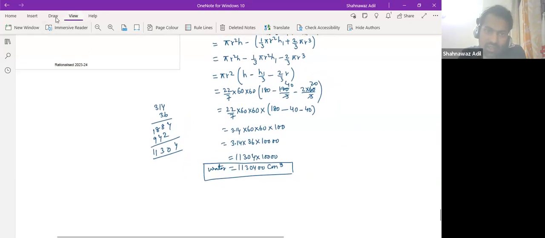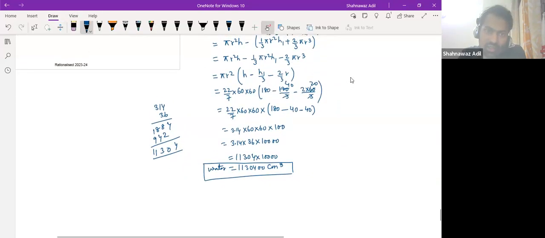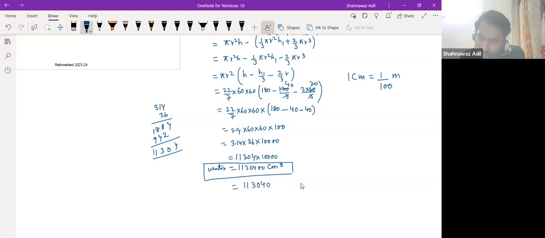So how much centimeter is 1 meter? If I want to change centimeter into meter, how much would that be, guys? 100 centimeter is 1 meter, so 1 by 100. Right, guys? So this is 1130400 centimeter, centimeter, centimeter.